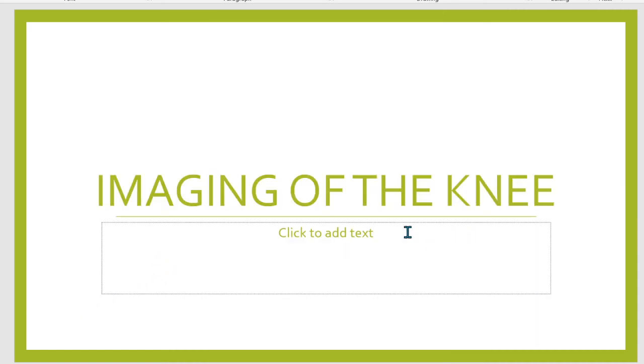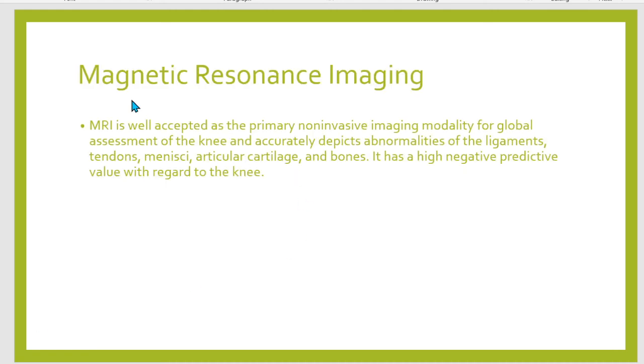Then let's go now to the imaging of the knee. In imaging of the knee, I did not touch other imaging because according to the textbook, MRI is well accepted as the primary non-invasive imaging modality for the global assessment of the knee, accurately defining abnormalities of the ligaments, tendons, meniscus, articular cartilage, and bones.